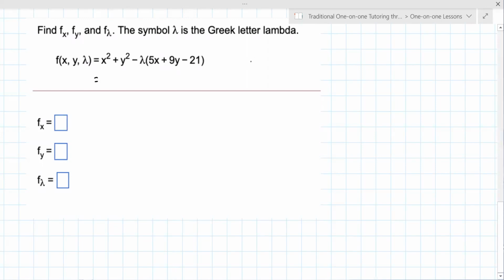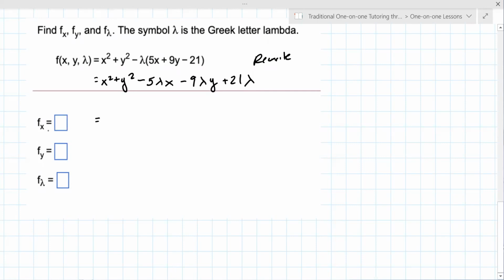You can always do a rewrite step. We could have done it with the last one, but it potentially will make more sense here. You can distribute this lambda, so it's minus 5 lambda x minus 9 lambda y plus 21 lambda. And this rewrite step can potentially help with taking derivatives here.